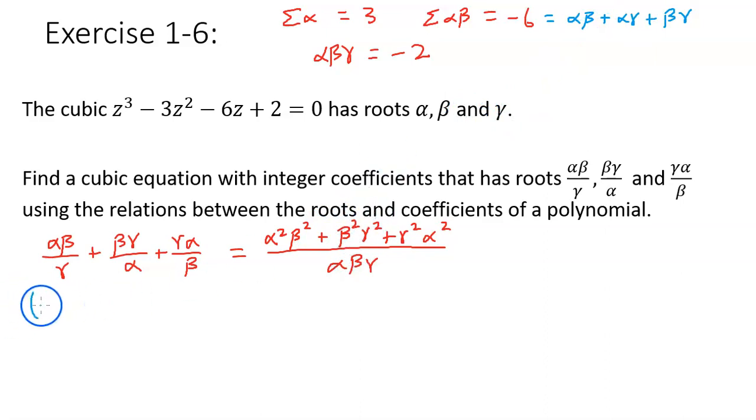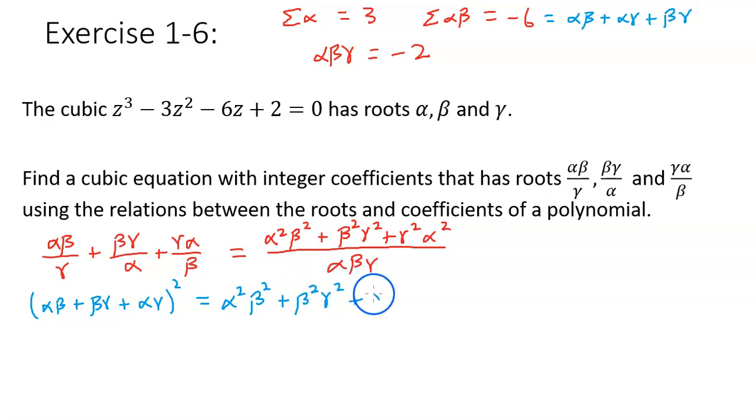If we square this, alpha beta plus beta gamma plus alpha gamma, squared, that's going to equal what we have on the top, alpha squared beta squared, plus beta squared gamma squared, plus gamma squared alpha squared, plus 2 times all the other products.